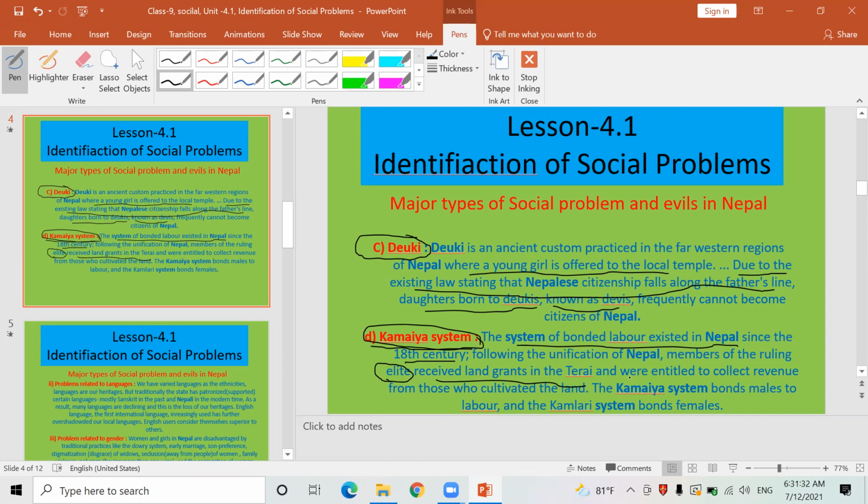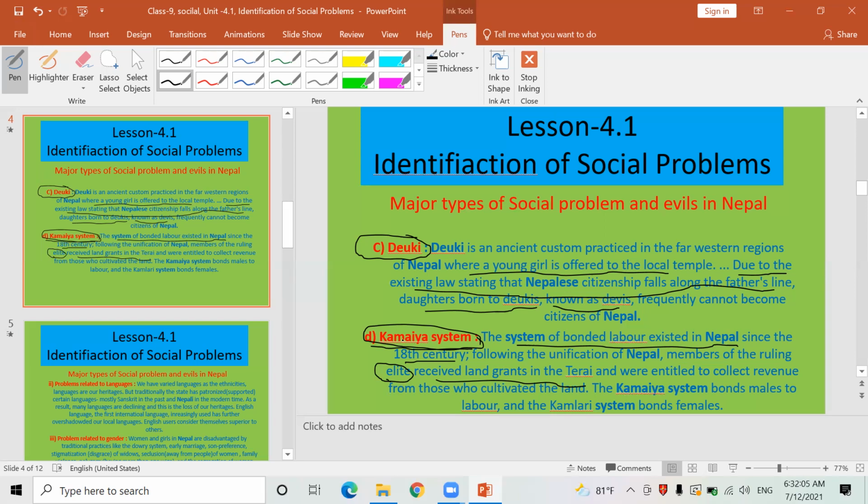Therefore, they used to keep poor people, especially from the Chaudhary and Tharu communities of Sudurpashchim province and Karnali province. In that region, there is a majority of the Chaudhary and Tharu communities. The poor people from those communities used to be kept as labor by the elite group to cultivate their land.